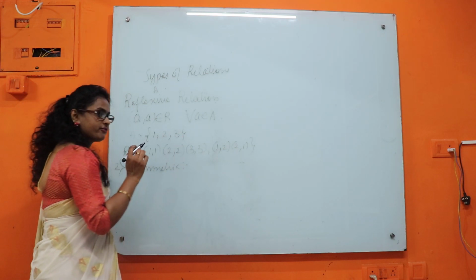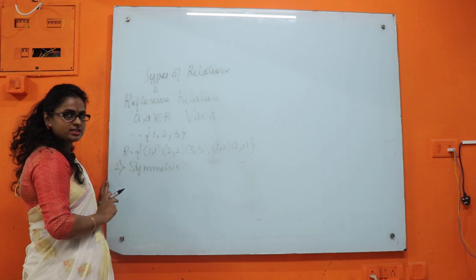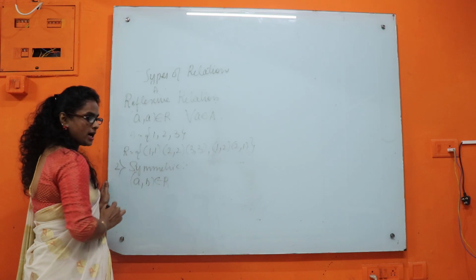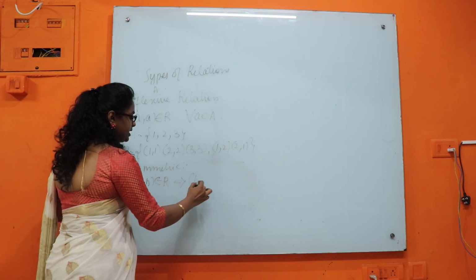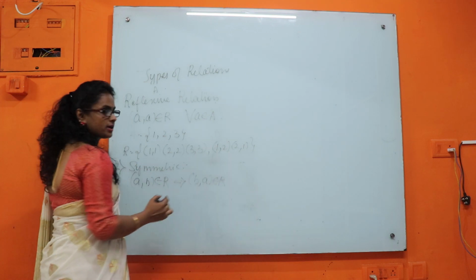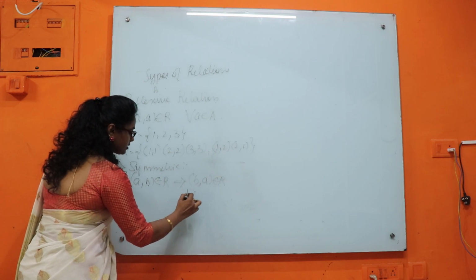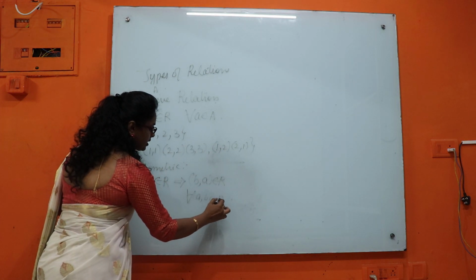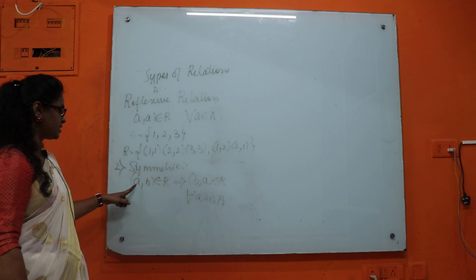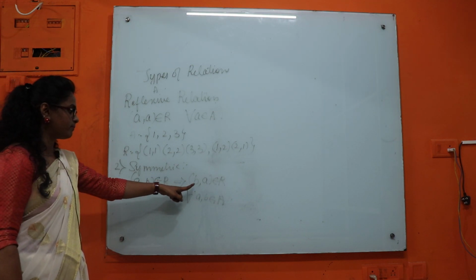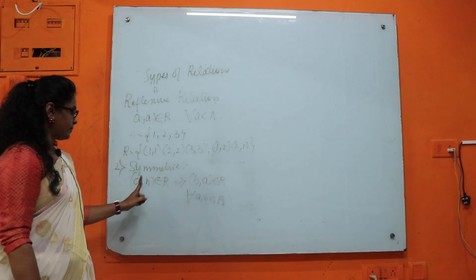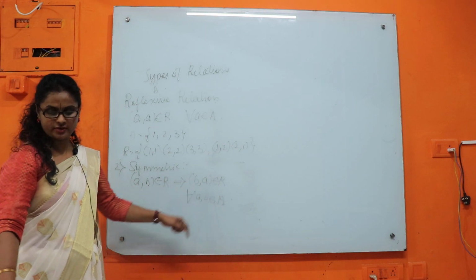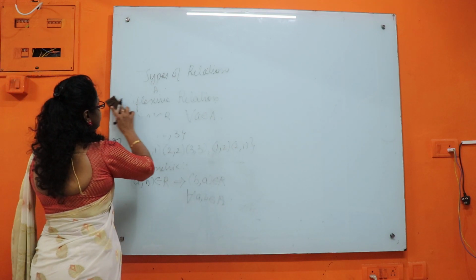That is, if R is symmetric on a set A, then (a, b) belongs to R should imply (b, a) also belongs to R, for all (a, b) belongs to the main set A. From your house to college, college to house. This is symmetric.